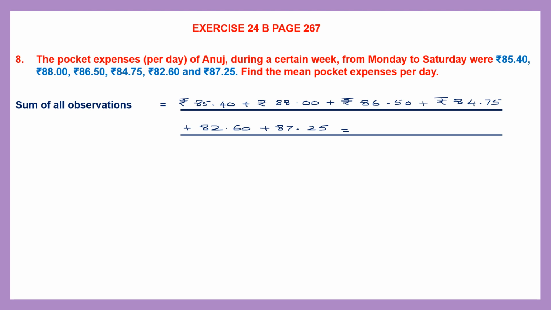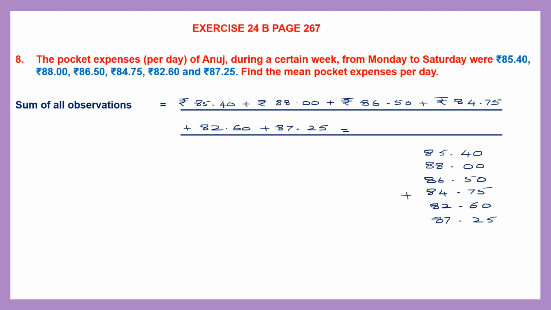So this is addition of decimal numbers. You need to be careful. You need to put all the decimal numbers in the right places because of the point. So this is 88.0. Then we have 86.50, 84.75, 82.60 and 87.25.